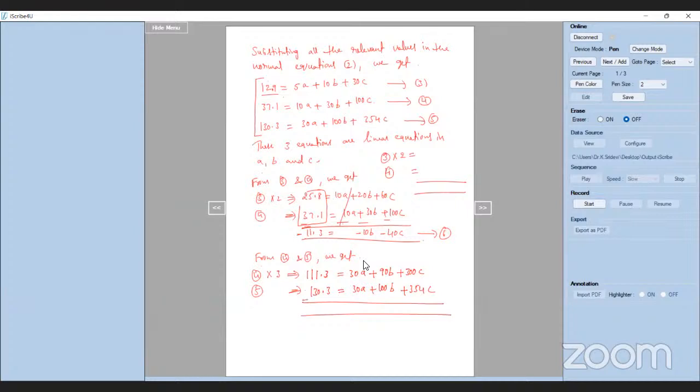Subtract both the equations: 130.3 minus 111.3 is 19.0, which means 19. So 19 is equal to 10B plus 54C. Give equation number 7.